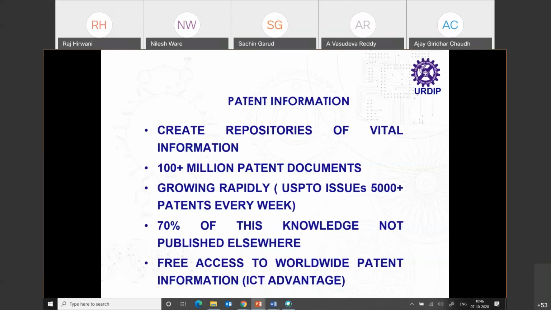That is in a single patent office, not counting European countries like France, Germany, UK, or Japan, Korea, China. You have 2 to 3 million patent documents every year.